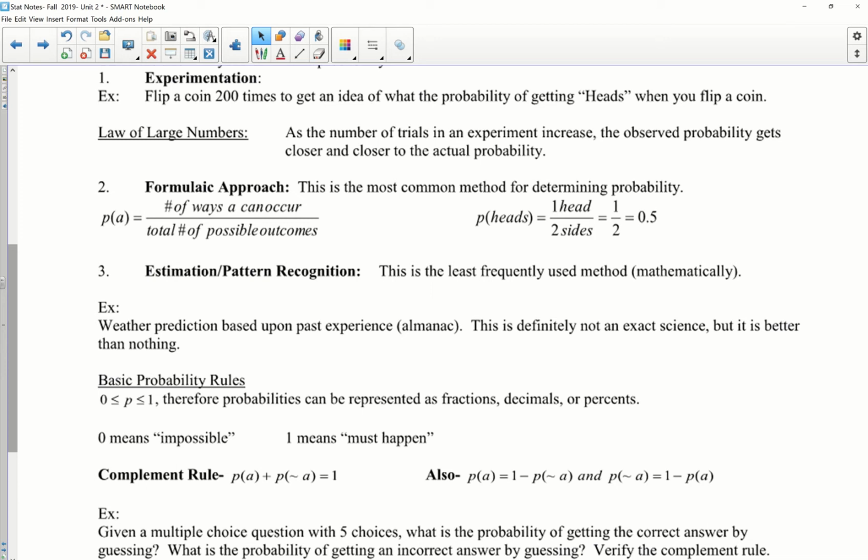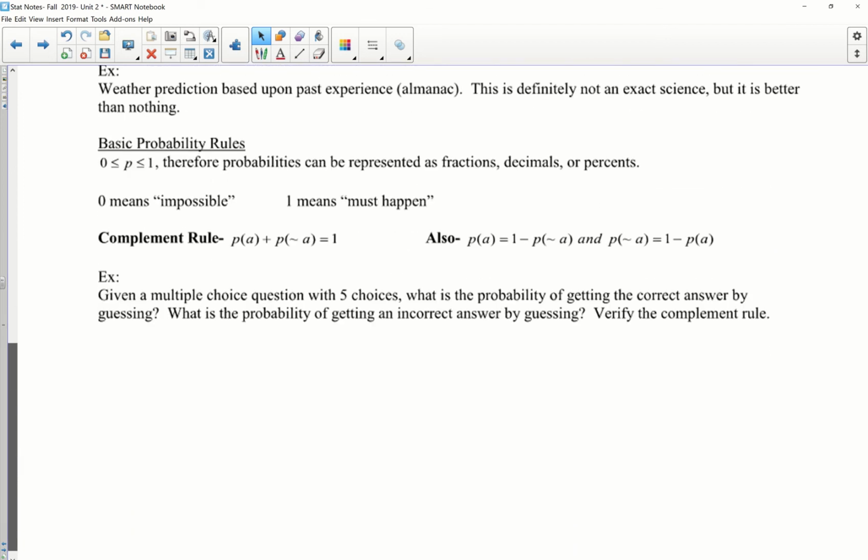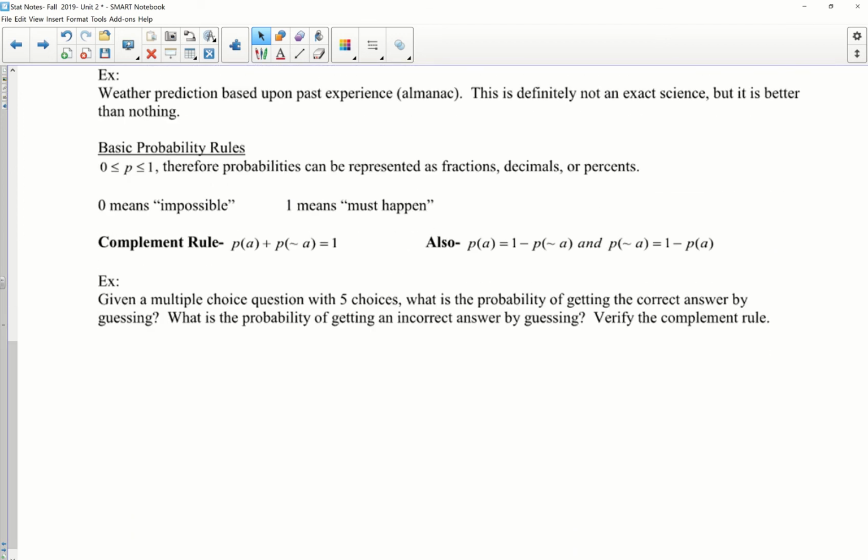Basic probability rules. So basic probability rules, and this is the most basic. The coefficient of determination from the last unit, when we were talking about correlation, regression, linear regression, line of best fit, kind of flows the same way as basic probability rules.